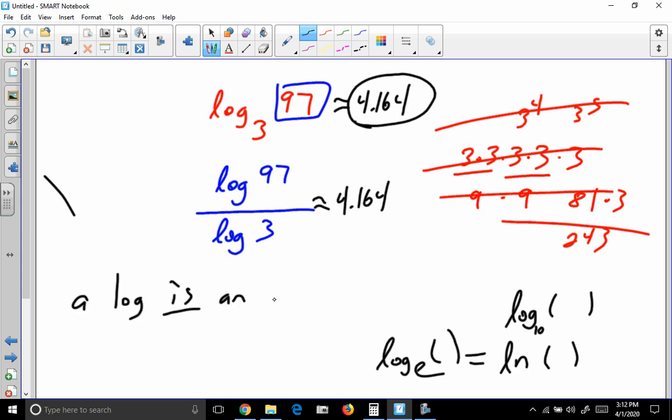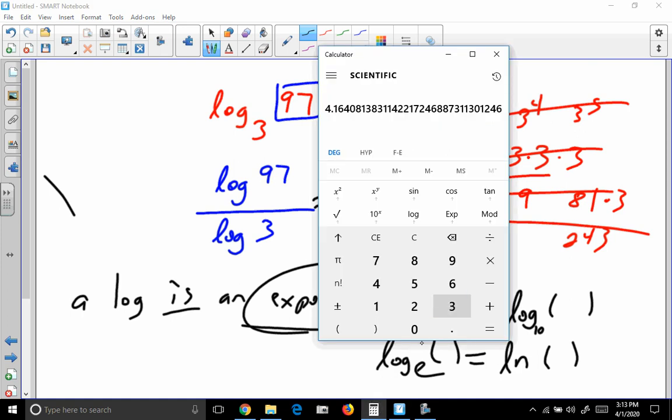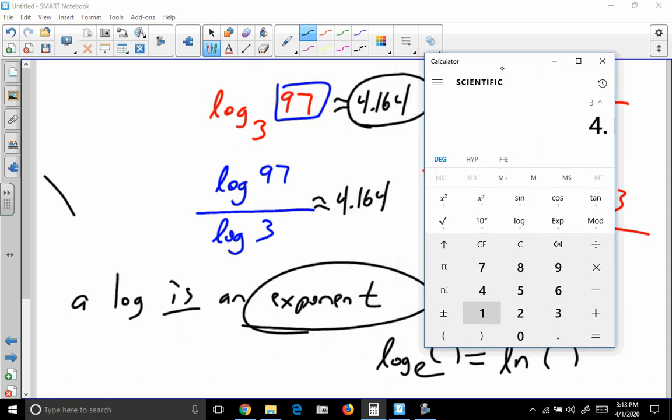Remember, a log is an exponent. So when we're finding a logarithm, we're finding the exponent that when we put it on our base gives us that number. If we wanted to check, we could do 3 raised to the 4.164 power, and that's about 97.